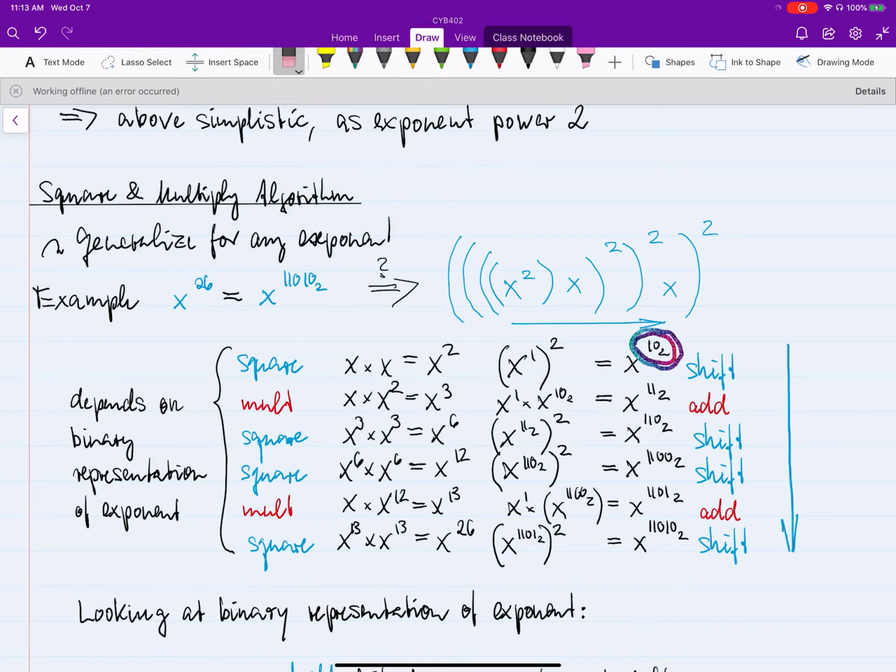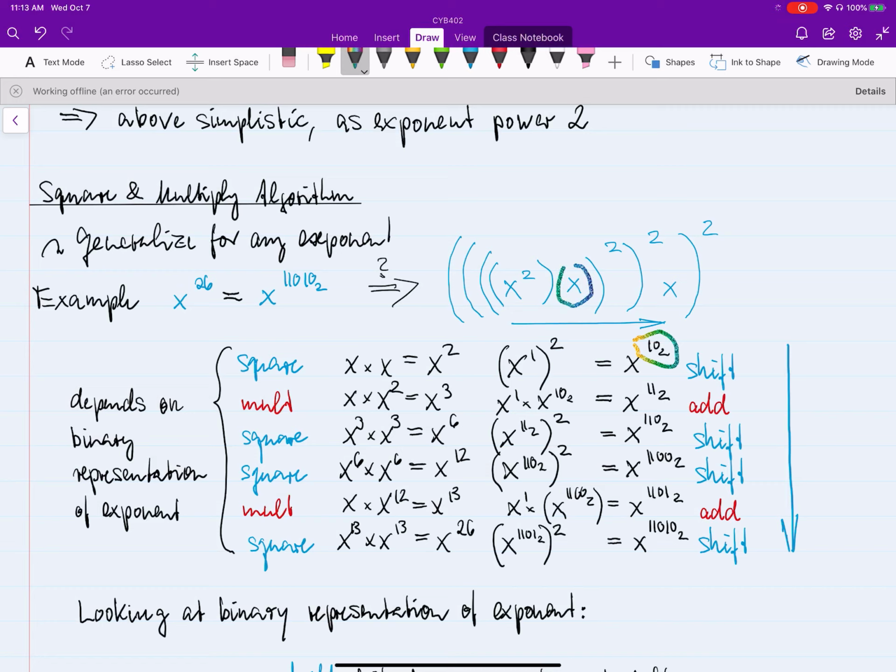Whoops. So obviously our squaring led to recomputing the exponent by just shifting it to the left by 1. So the next one was the multiplication. We are actually here, okay?